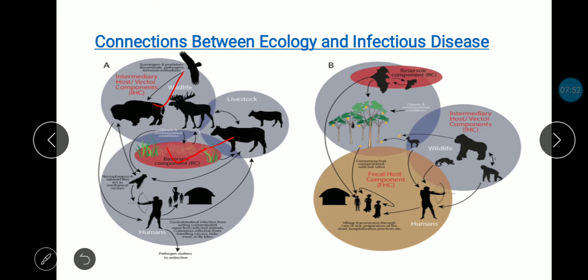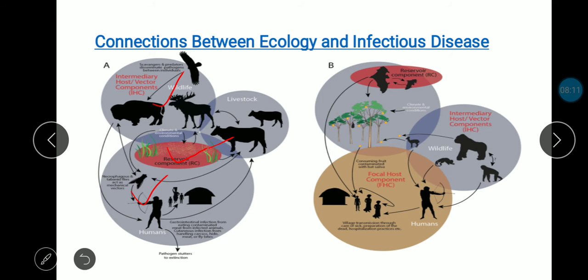These components are transferred up to human beings through various ways. One is through soil, another way is through mechanical vectors like flies, mosquitoes, etc.